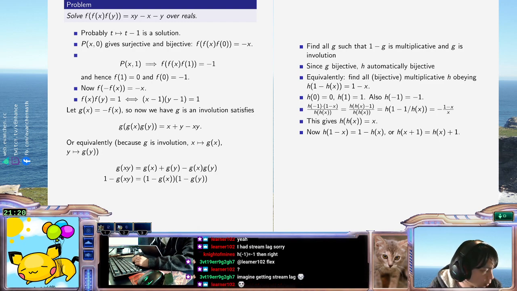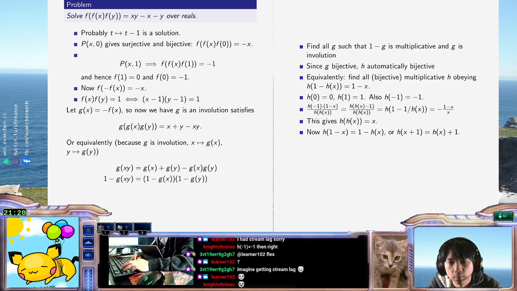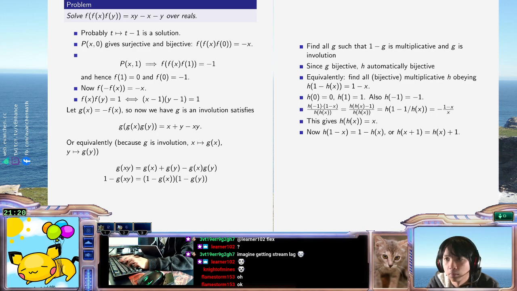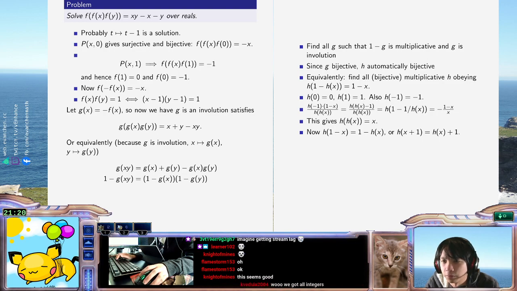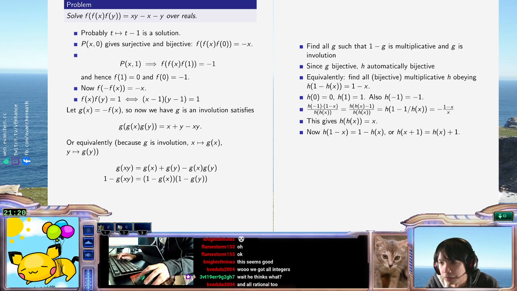I think that's pretty nice. Okay, so that puts us in really good shape. I've managed to get rid of the annoying conditions.